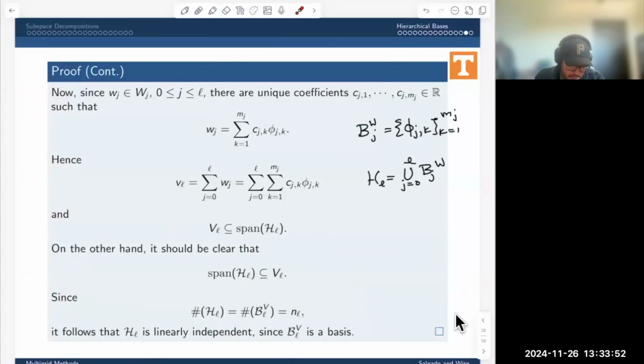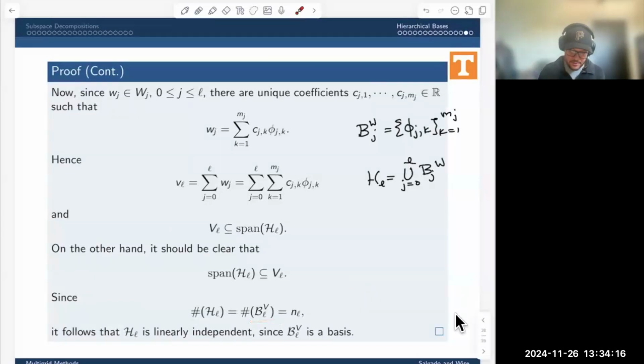But now notice that the number of elements in HL is exactly equal to the number of elements in the original Lagrange nodal basis, which is exactly NL. So now we've got a spanning set which has exactly the same number of elements as a basis.